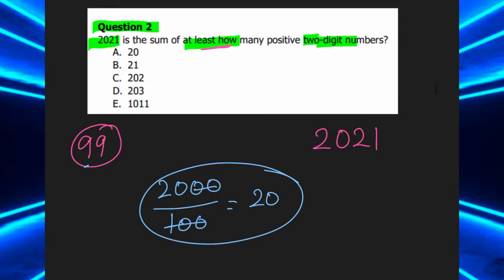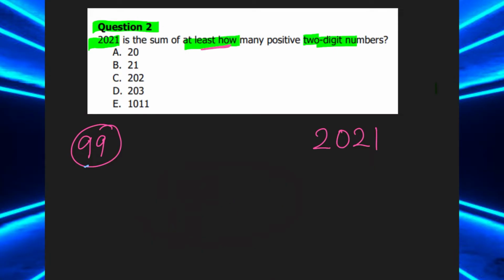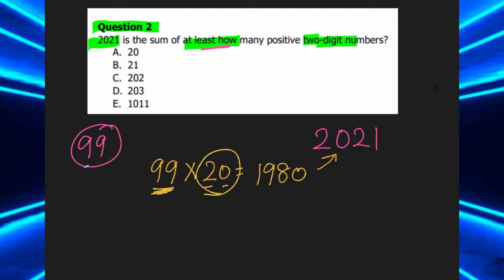So this gives us an idea of how many 99s we want. Let's work it out. 99 times 20: double of 99 is 198, multiplied by 10, 1980. And we can see we cannot accommodate another 99 to reach this number. So we have used 20 of the 99s already.